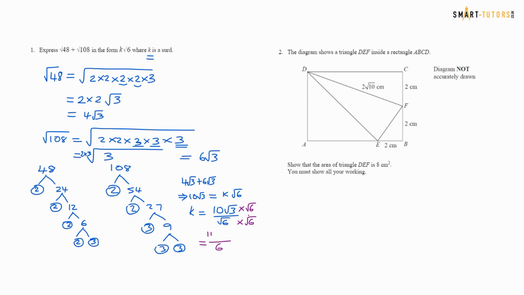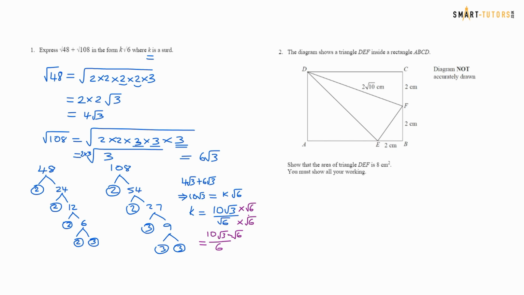Then 10, this is going to be square root of 6 times square root of 3, square root of 18. Or we can leave it as it is. Rather than square root of 18, I'm going to keep the square root of 6 and square root of 3 as they are.